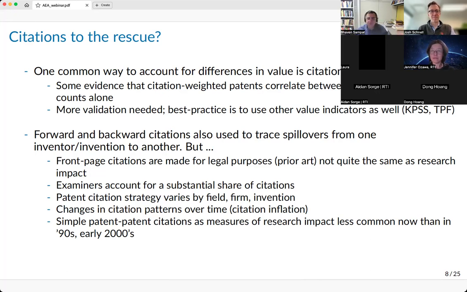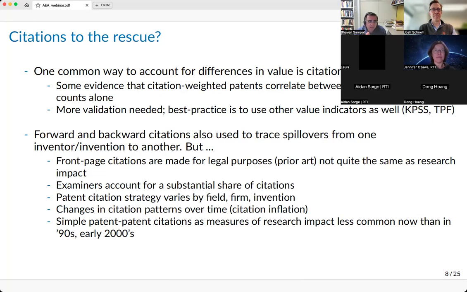So it's like the three blind men and the elephant in the old fable, I suppose, where we have these multiple imperfect indicators, but they all seem to tell the same story, or at least correlate with one another. But so that's good news. But I think best practice in some sense, at least among economic researchers, is to not just use citations, but use other value indicators as well.